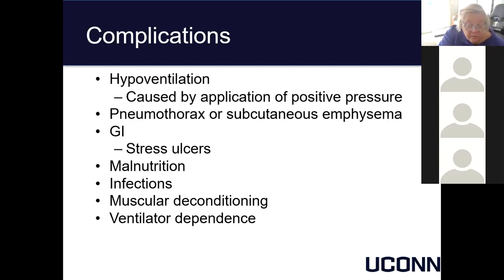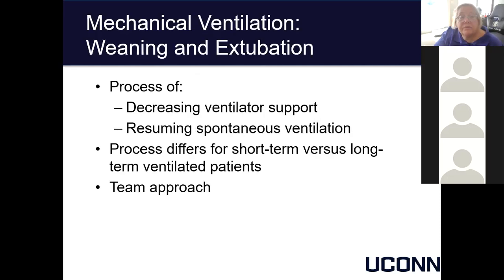Particularly with COPD patients, if it's not done correctly, ventilator dependence is a risk, and that adds a whole other layer of complications to transition planning. So again, weaning is about decreasing ventilator support. We want the patient to take over the responsibility for breathing as soon as possible.